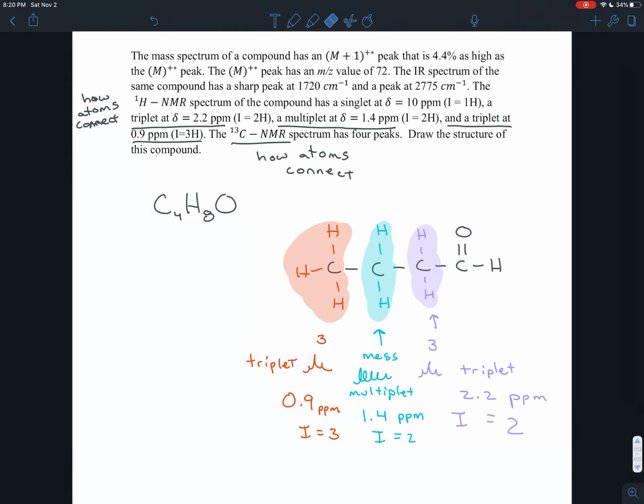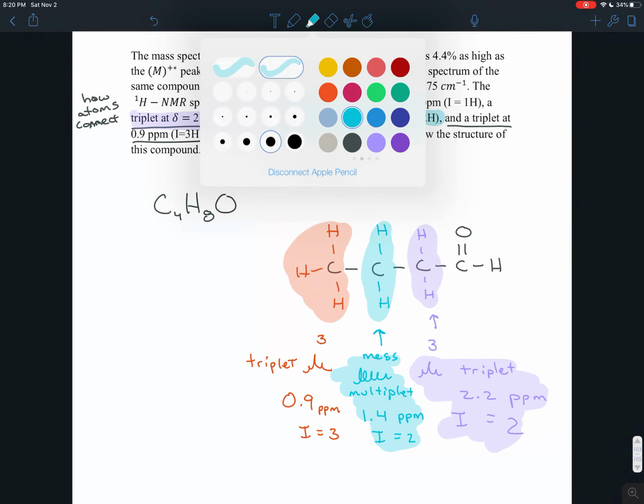So let's check to see if those values are the ones that are given. We have a triplet at 2.2 with an integration of 2. We have a multiplet at 1.4 with an integration of 2.